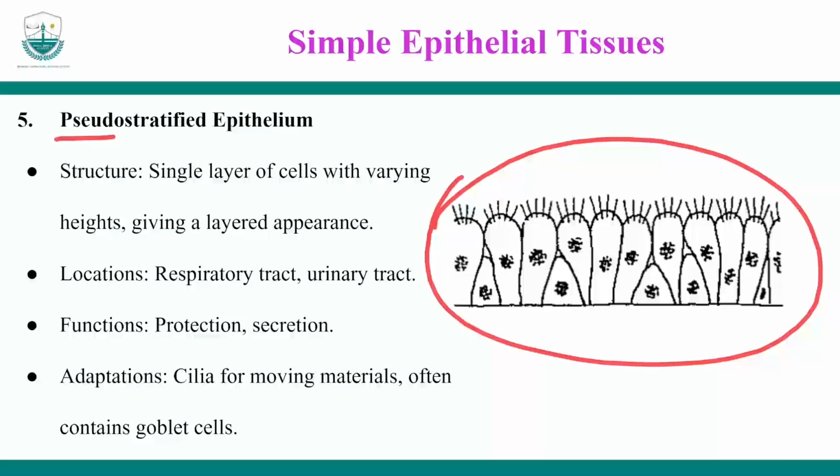The word pseudo means something that is actually false. We find it in the respiratory tract and urinary tract, and it offers protection and provides for secretion. Some of them can have cilia that are important for moving materials and can also contain goblet cells.